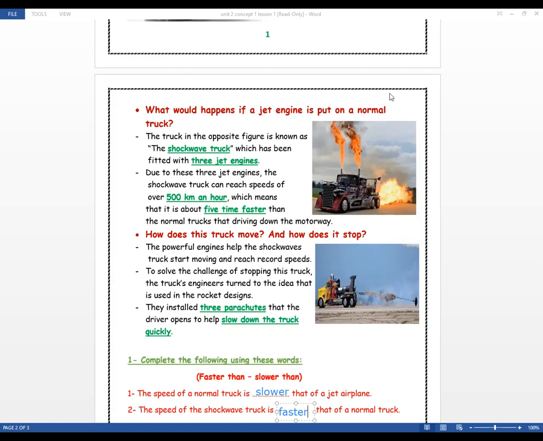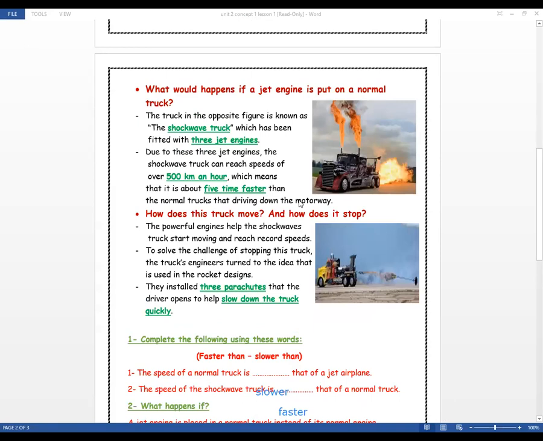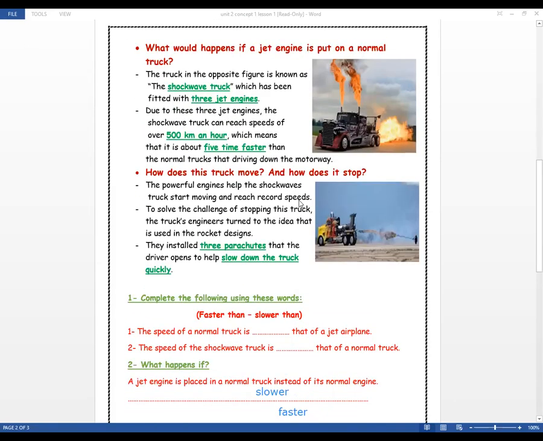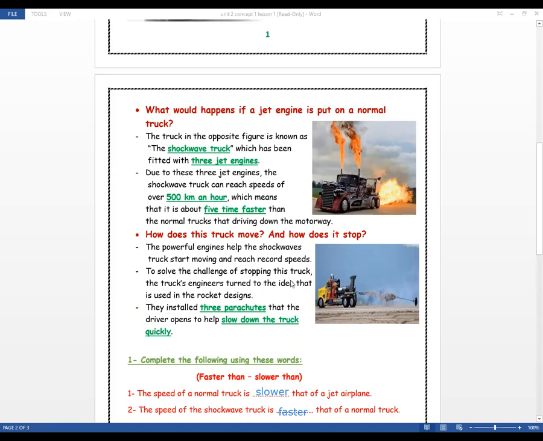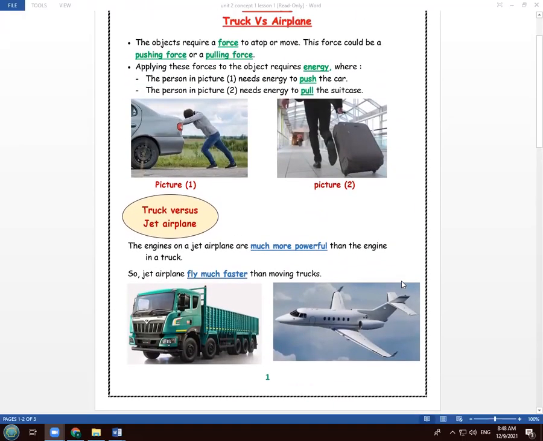So in this lesson, I said that any object requires a force to start moving or to stop moving.